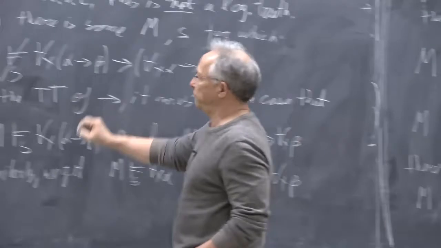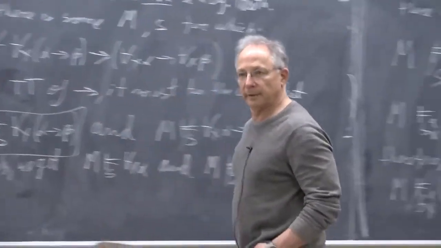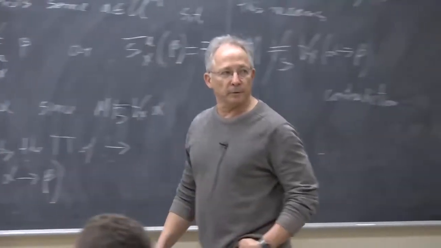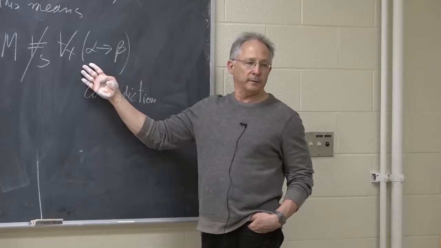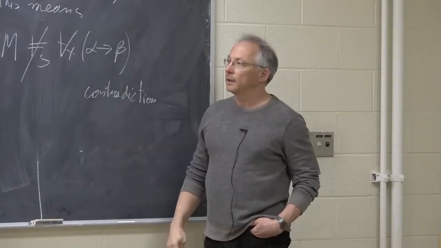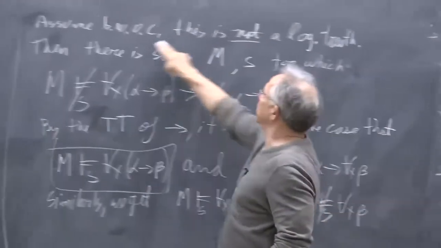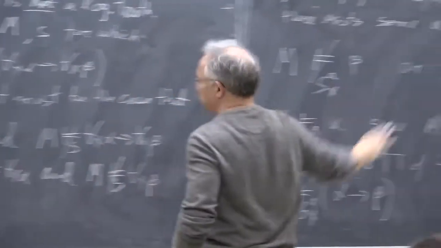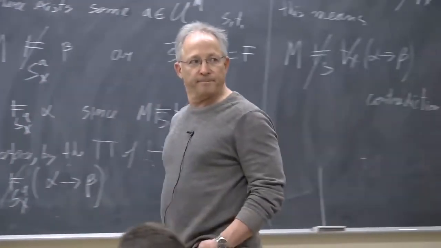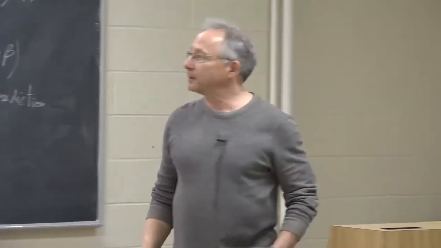Because here we just said that in order for this to fail, we need M to satisfy for all X alpha arrow beta. And then we saw that if we want it to fail, we need M to not satisfy alpha arrow beta. So we got a contradiction. So our assumption that this was not a logical truth led to a contradiction. So if you write it so nicely in the exam, you'll get all the possible points.